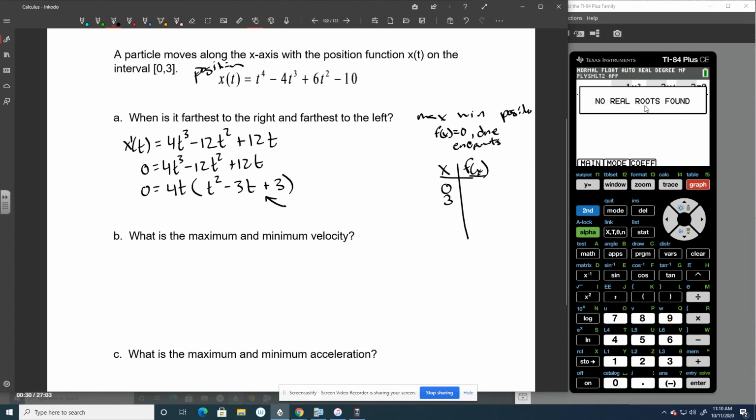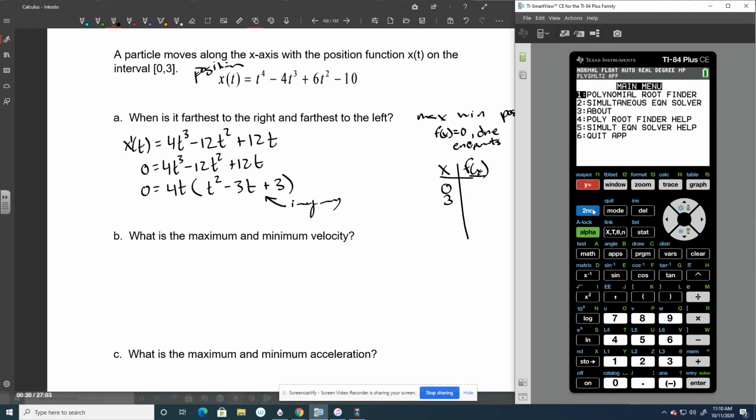So that means that these are just going to give me imaginary roots. If you were to do this by looking at the graph, if I were to go all the way back to my y equals and graph 4x cubed, and maybe we're taking more time than we need to, but just so you can see, there's multiple ways to figure this one out. Actually, I don't want that whole thing.